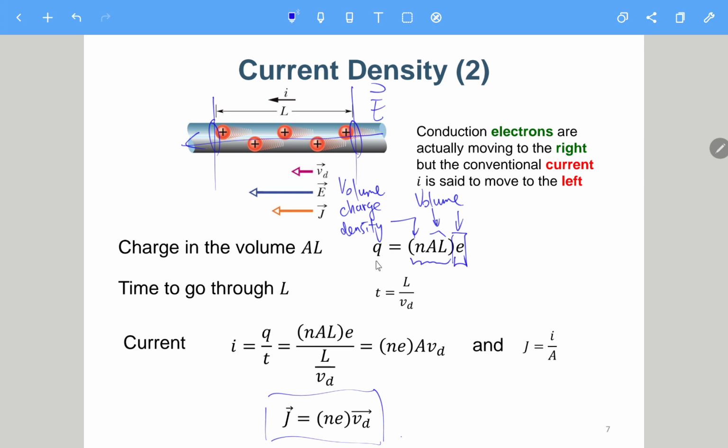So Q equals the number of charges times the unit charge amount.